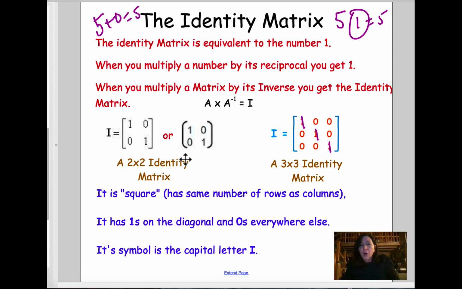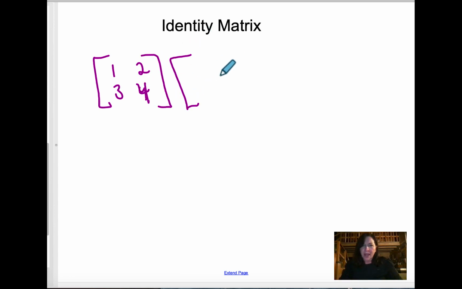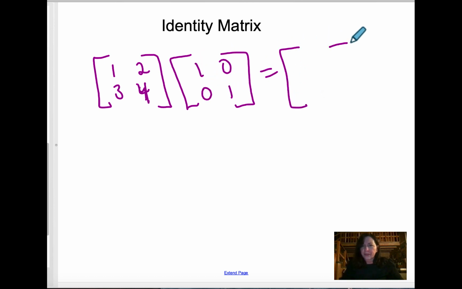So if I were to multiply a 2 by 2 by my identity matrix, I should get the identical matrix, right? So let's try that. Let's just make one up and say 1, 2, 3, 4, and I'm going to multiply it by its identity matrix, which is 1, 0, 0, 1. A 2 by 2 times a 2 by 2 is going to yield a 2 by 2.